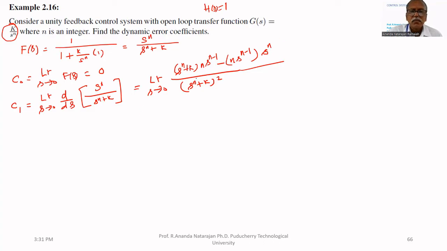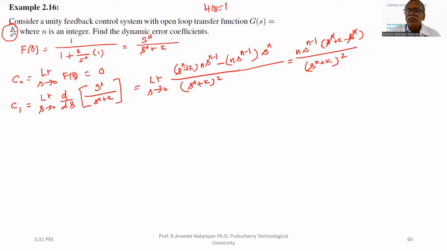Here n s power n minus 1 is common, and the remaining is s power n plus k minus s power n.